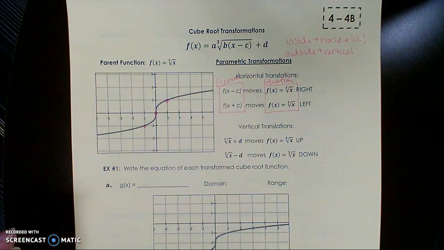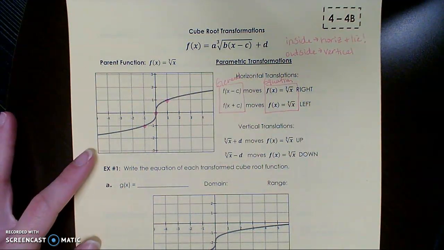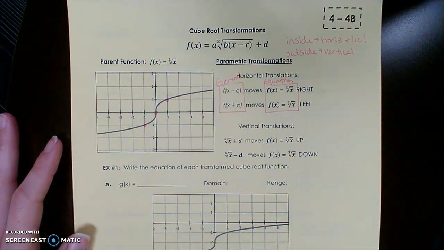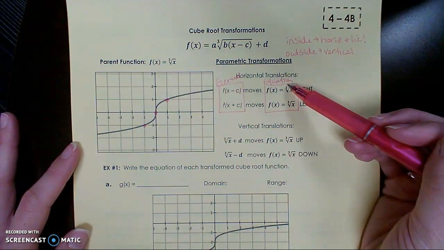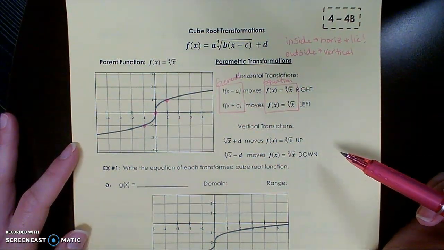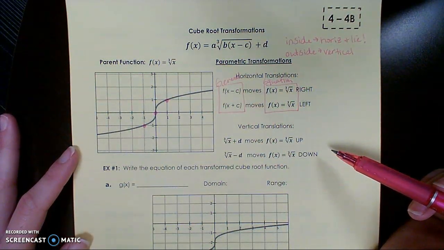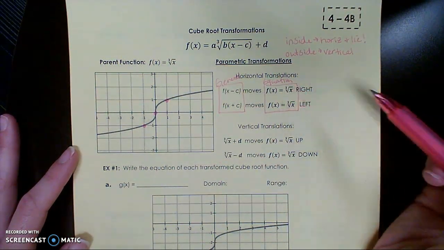So what I'm going to ask you to do in some of these problems today, just like in the previous lesson, is take the general form and move it into the equation form. So remembering that instead of cubing things, we're cube rooting things.